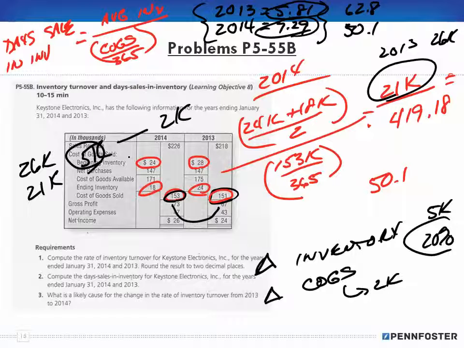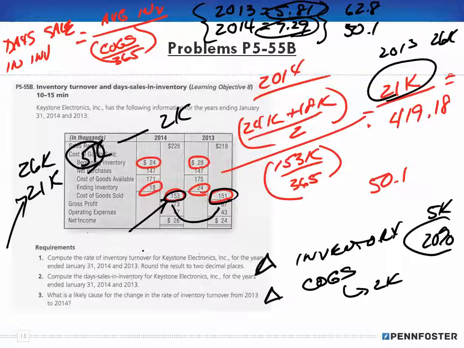But it's not the absolute value, it's the relative value that makes the difference. Absolute being the 5,000 versus the 2,000. The relative value is 2,000 on approximately 150,000, and 5,000 on approximately 25,000.